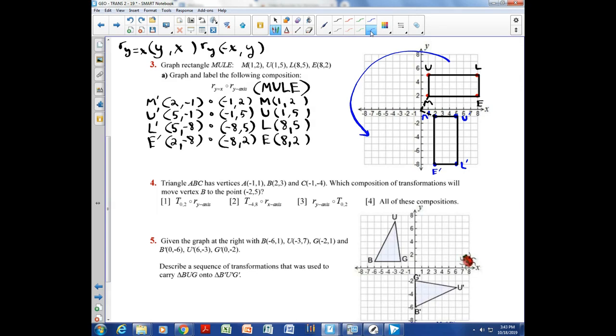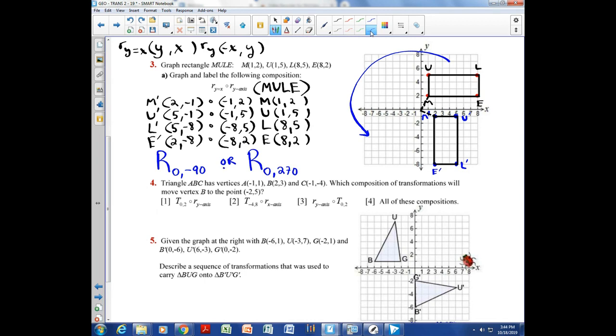We could say in one transformation, this was actually a rotation around the origin, negative 90 degrees, right? If we wanted to go clockwise, that would put that right on it. Or we could say there was a single rotation around the origin of 270.